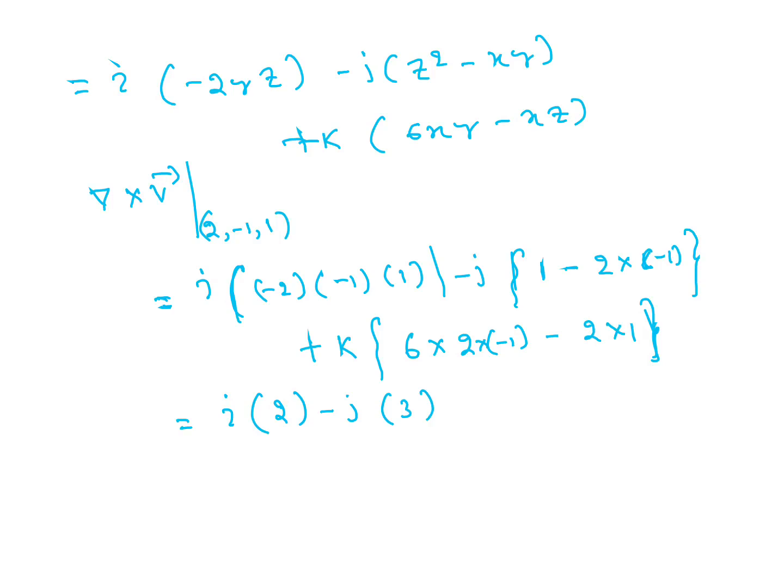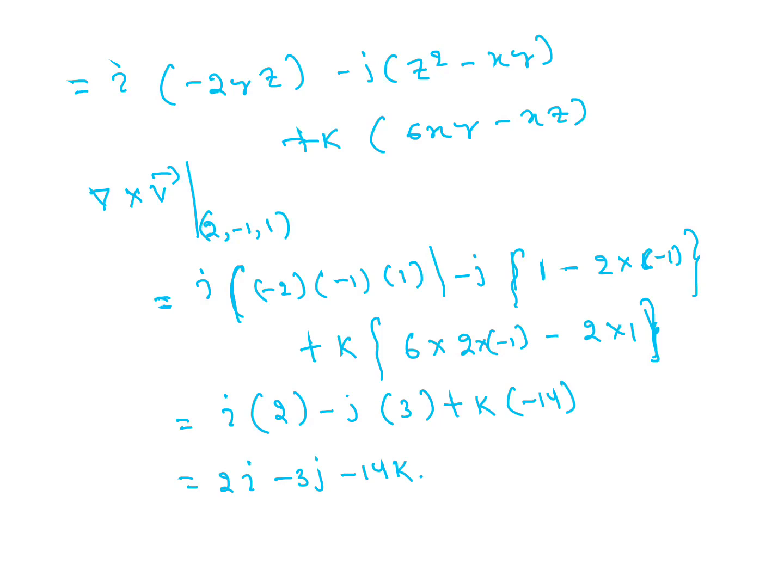Then k into this is minus 12 minus 2, minus 14. So 2i minus 3j minus 14k. Please cross check this one, sometimes it may be wrong.